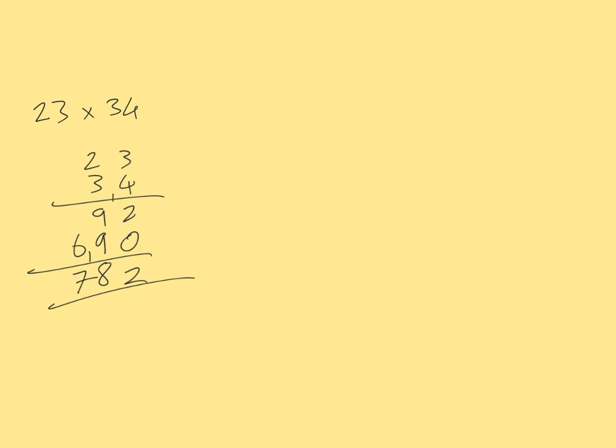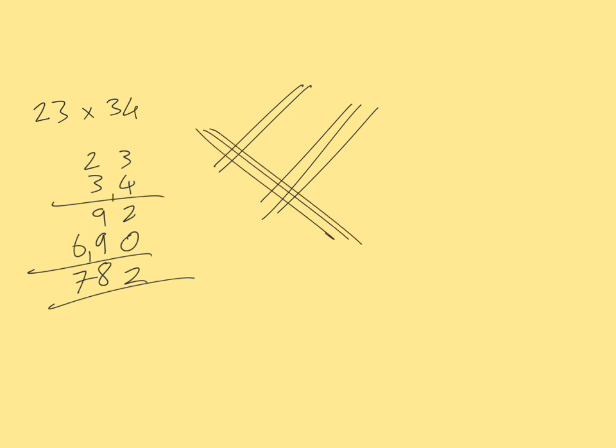Another way of doing this that I think kids are taught these days is to draw these funny lines. So if I do 2 and then 3, and then I do 2, 3, and 1, 2, 3, 4, I can count the intersections of these lines in sort of groups.